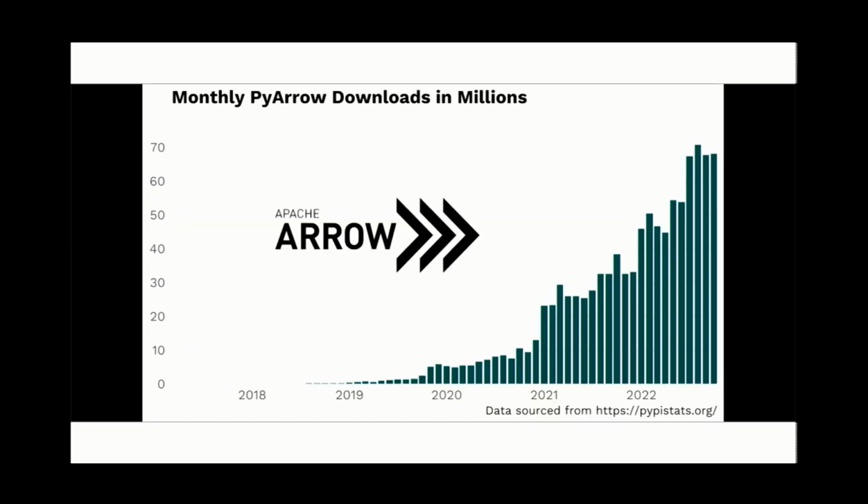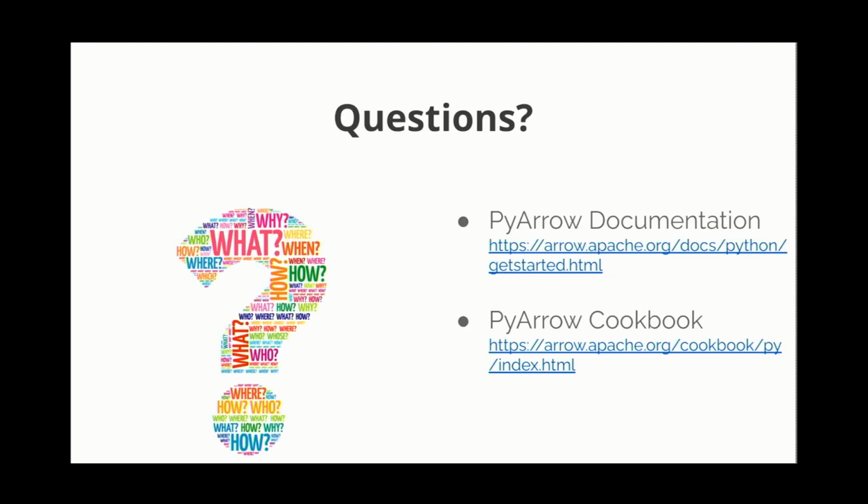And over the course of the years, given that it's a very interesting technology, that it's allowing data science to evolve in many different directions, it has been growing very quickly. You can see that the amount of downloads is growing exponentially, and this year we reached 7 million monthly downloads.